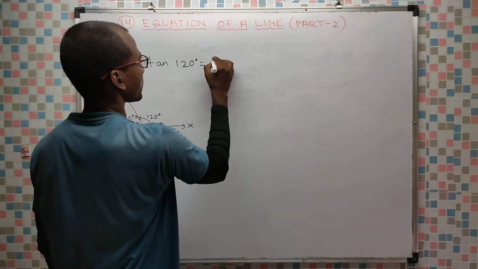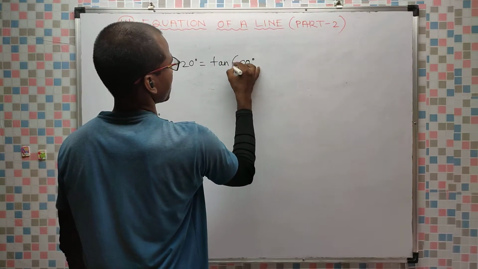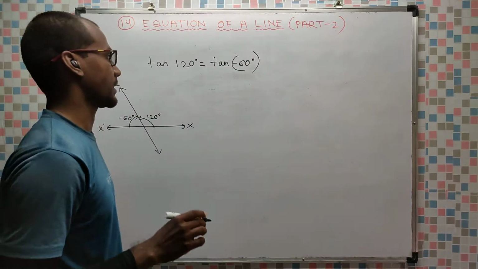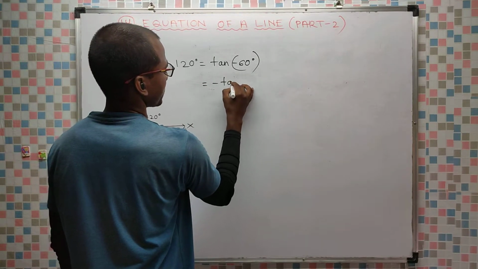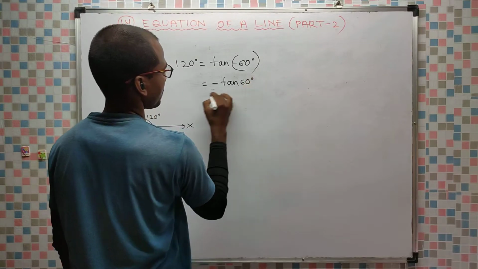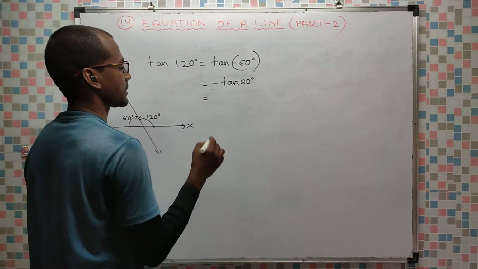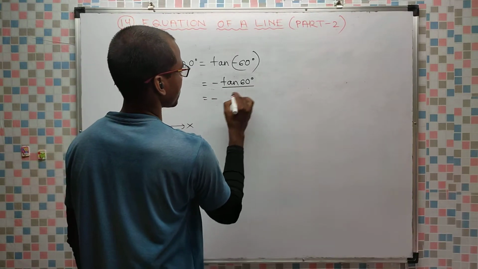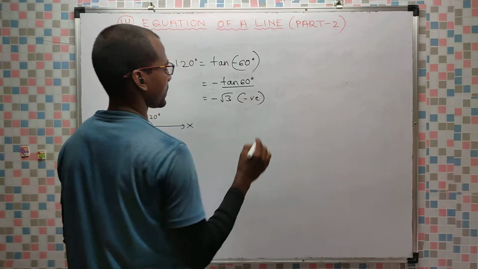So tan 120 degree is equal to tan minus 60 degree. Both are same, which is equal to minus of tan 60 degree. Minus 60 is there, so minus I took out. Minus tan 60 degree, what is tan 60 degree? Root 3, which is negative.